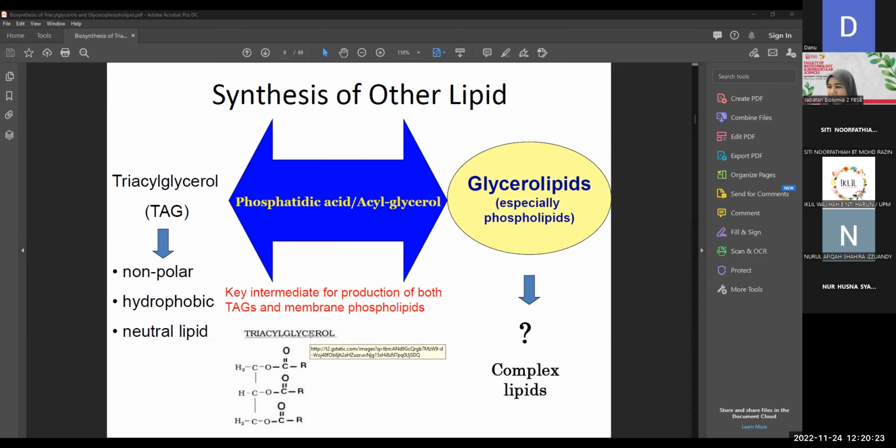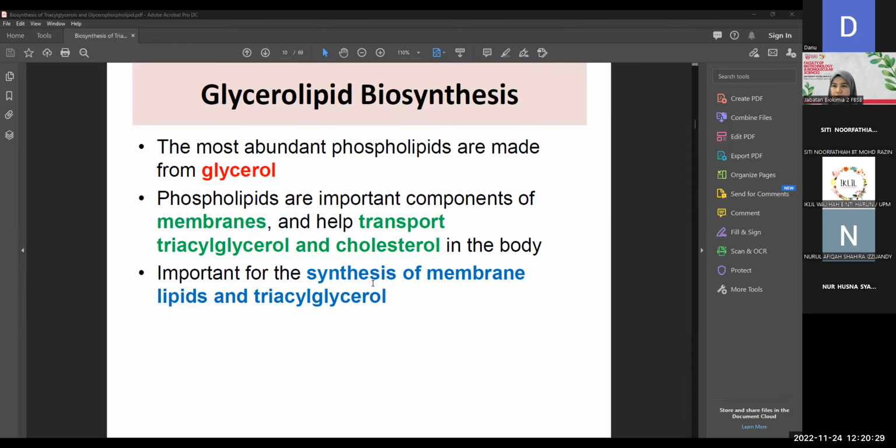Glycerolipids are basically membrane lipids. We are done with the biosynthesis of triacylglycerol. Now let's move to glycerolipid biosynthesis, where we will discuss more on membrane lipids and phospholipids.